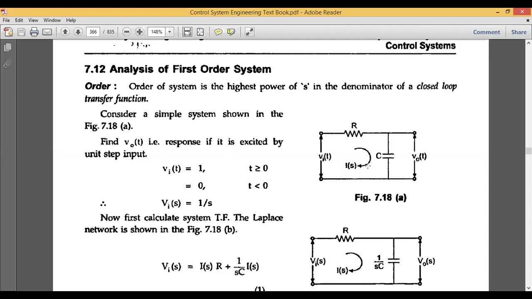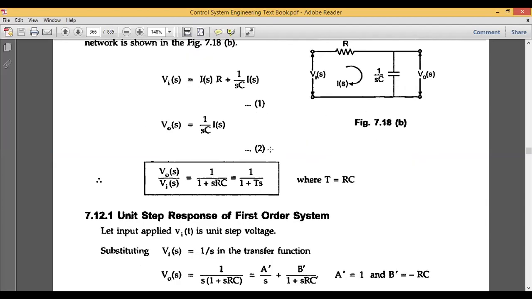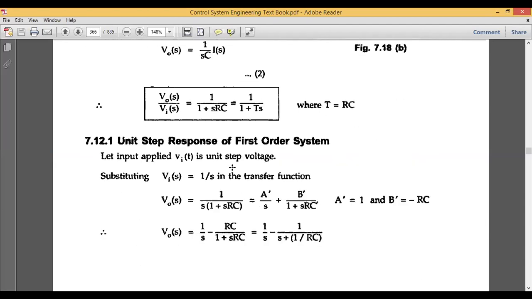Here the order is 1 because there is 1 resistance and 1 capacitor. If I have 2 resistances and 2 capacitors, it becomes a second order system.